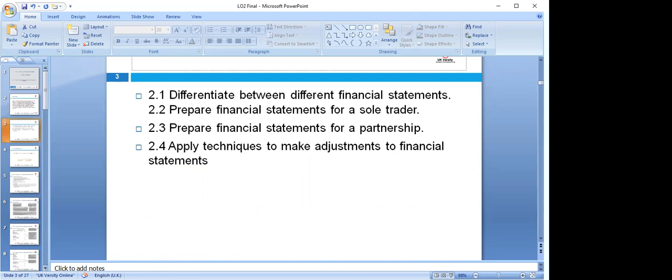That's the key which we'll look around today, the different financial statements, which we'll go through in a minute.